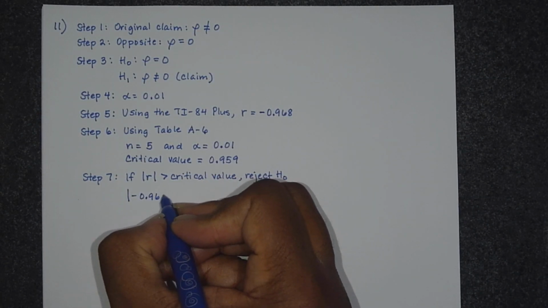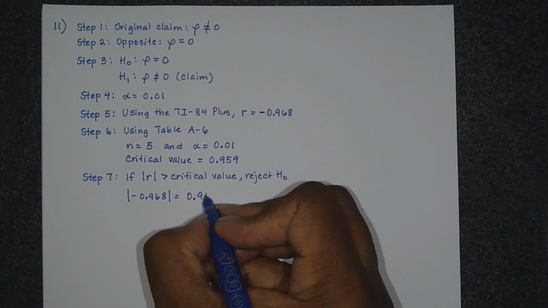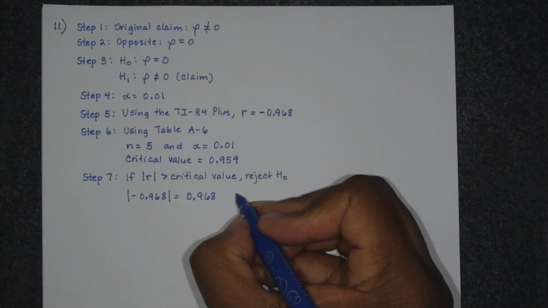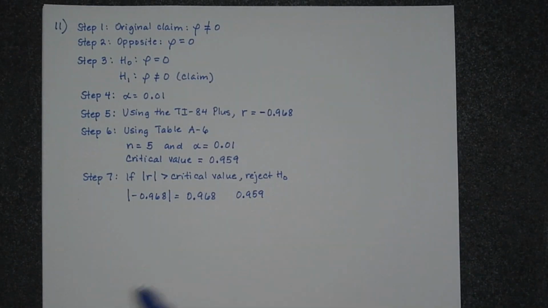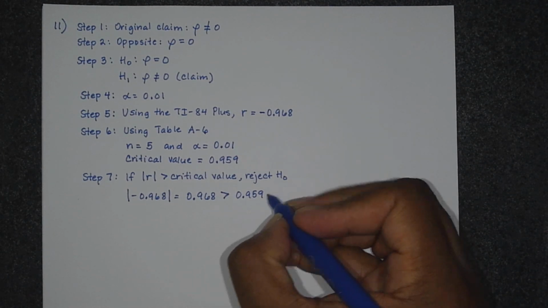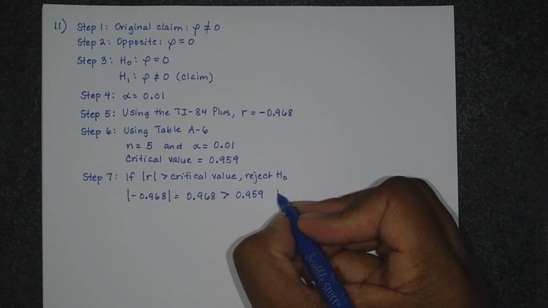And the absolute value of negative 0.968 will have to be positive 0.968. And then we compare that with that critical value of 0.959. Is 0.968 greater than or less than 0.959? Greater than. Okay, so it does satisfy our decision rule for the linear correlation.